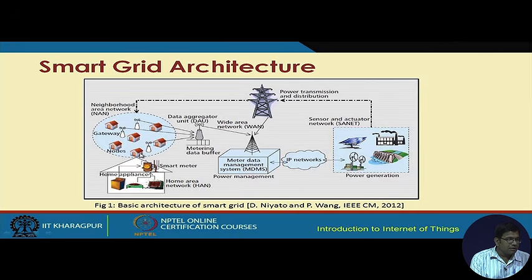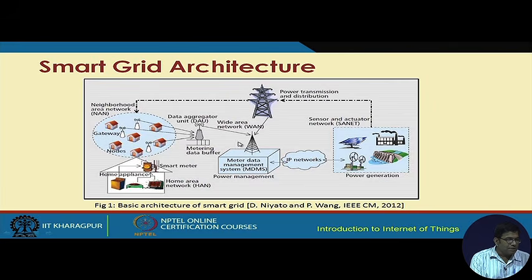And then each of these homes has different smart appliances, including a smart meter. It is a smart meter, not a traditional regular kind of meter, but a smart meter which can be programmed as well.